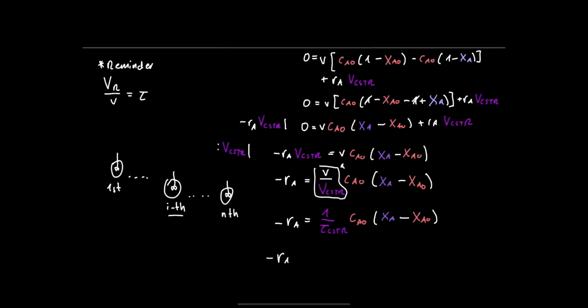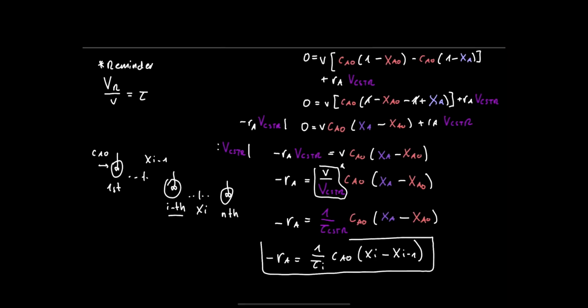And we can say that negative RA is 1 divided by the mean residence time of the reactor i times CA0 at the very inlet, which is here at the first reactor, times the conversion at position i minus the conversion of the previous reactor, xi minus 1. So this is what we're going to use for our plot.